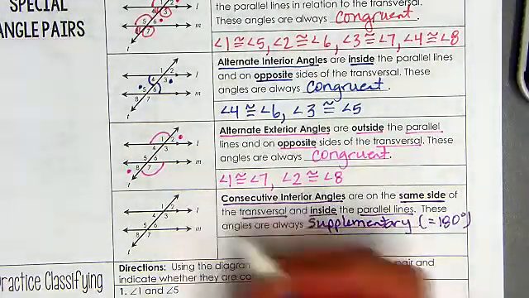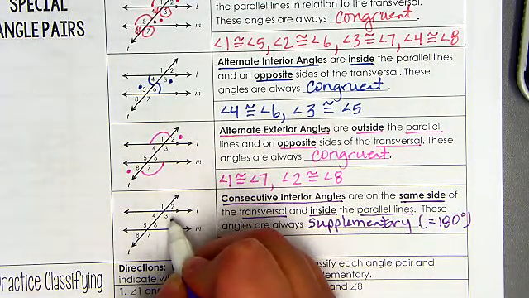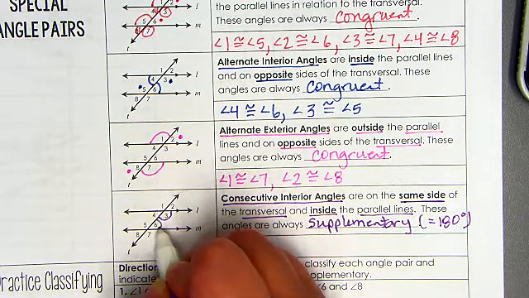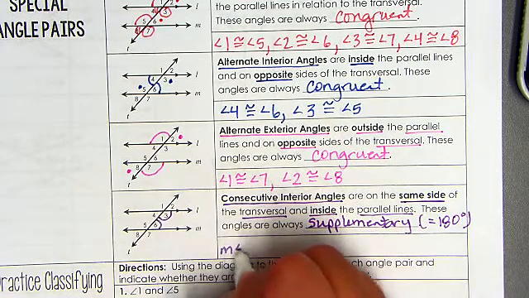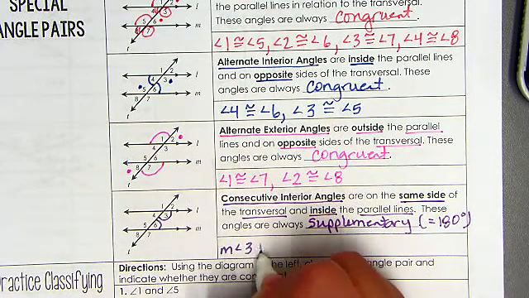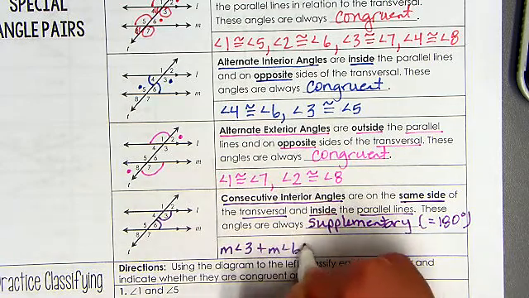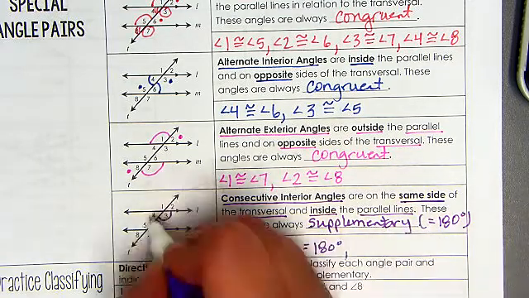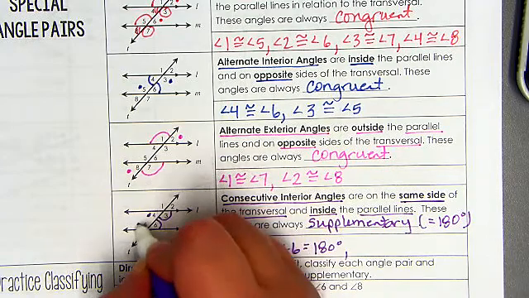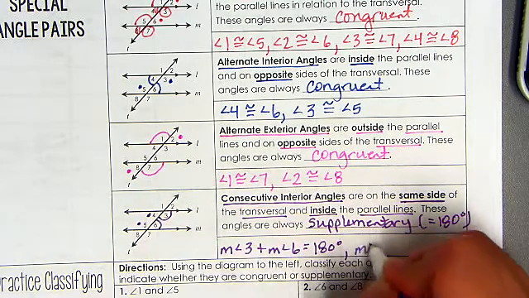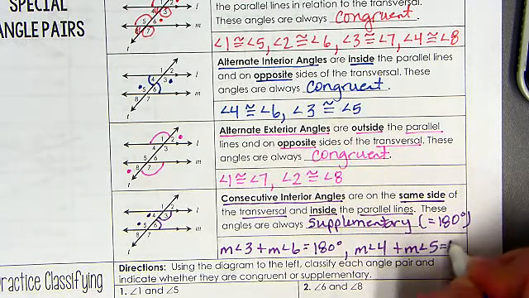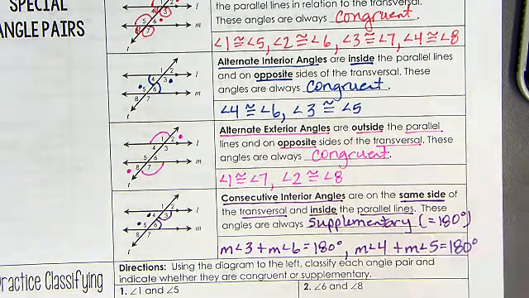So we would have, for instance, 3 and 6. The measure of angle 3 plus the measure of angle 6 equals 180 degrees. And we would also have 4 and 5. So the measure of angle 4 plus the measure of angle 5 equals 180 degrees.